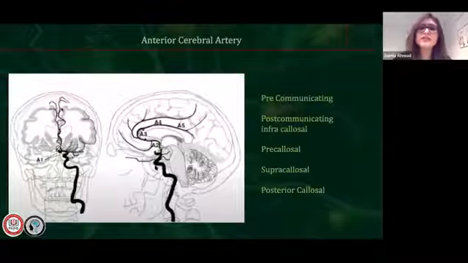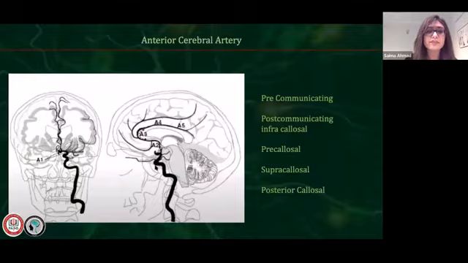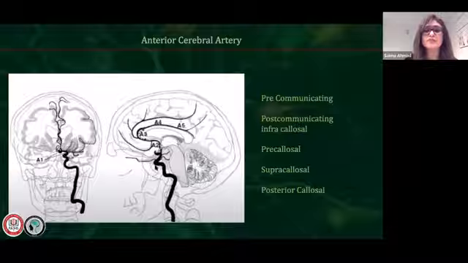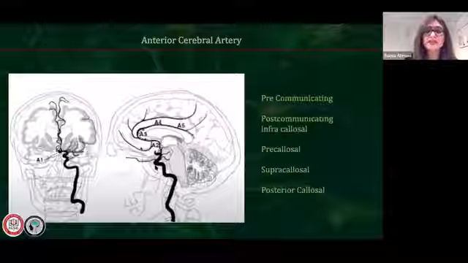So the next is the anterior cerebral artery. The anterior cerebral artery is best projected in the AP projection, and it has 4 or 5 segments. Somewhere it shows 1 segment, somewhere 4 segments, and somewhere 5 segments. So the A1 segment is the pre-communicating segment, and then the A2 segment is after the anterior communicating artery takeoff.